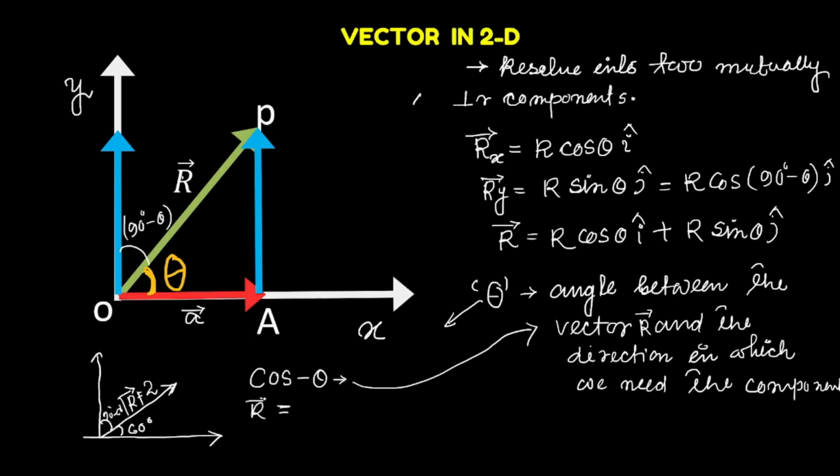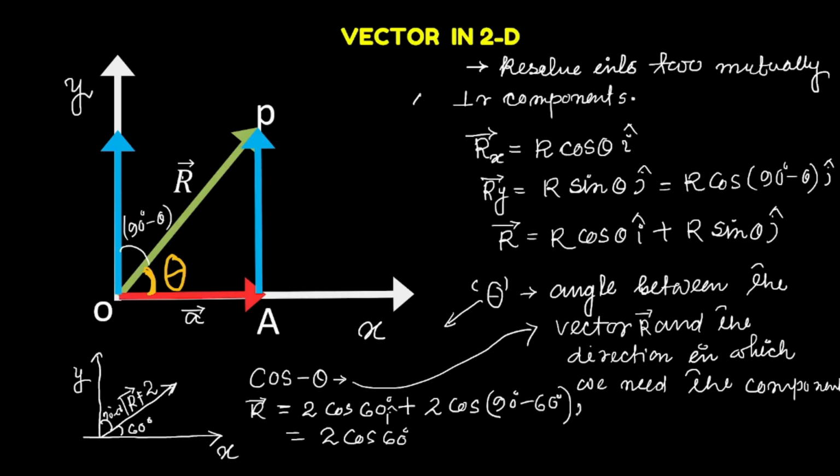What we can write is, this r vector can be written as 2 cos of theta, where theta is the angle between the r vector and the x direction, so cos of 60 degrees, plus again 2 cos of the angle between the r vector and the y component, which will be 90 degrees minus 60 degrees. So 2 cos 60 degrees i cap plus 2 cos of 90 minus theta, so it is sin 60 degrees j cap.